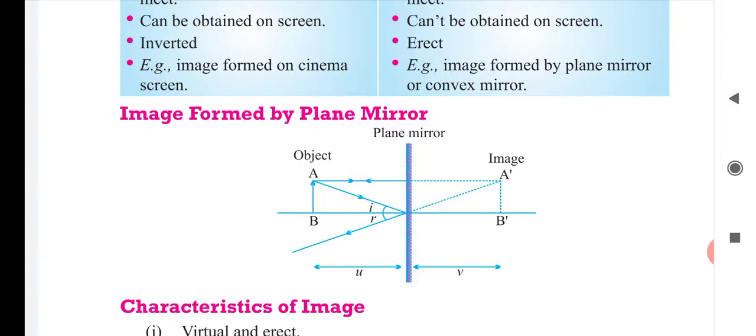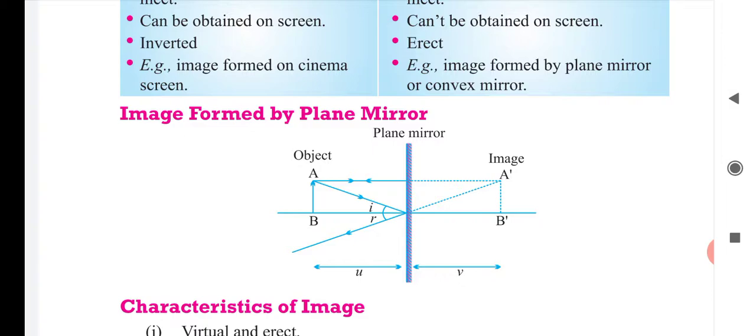Here you can see these dotted lines; we say the image is appearing to meet, the reflected rays are appearing to meet at one point A dash. Since the rays after reflection won't actually meet, but they will meet when you draw the reflected rays backwards at the point A dash, this kind of image we call a virtual image.